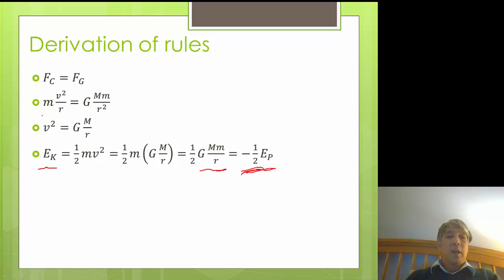And this is the assumption that means it only applies to circular orbits. If it's not a circular orbit, then I cannot say these are going to be equal.